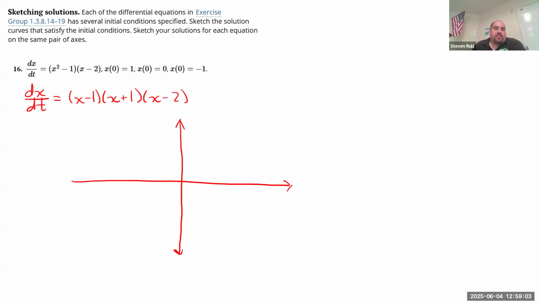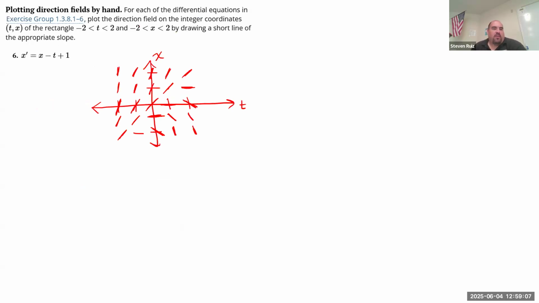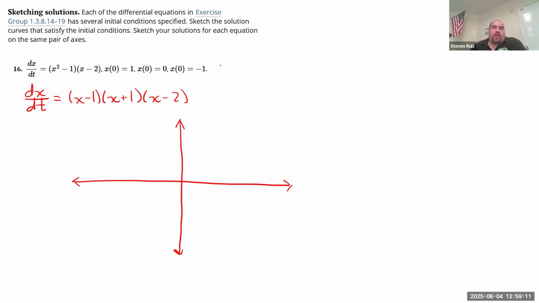But here's the good news. As opposed to our last example, where dx/dt depended on both x and t, this equation is what we call autonomous. What does that mean? Autonomous equations depend only on their dependent variable. So on the right-hand side of this differential equation, the only variable we see is x.